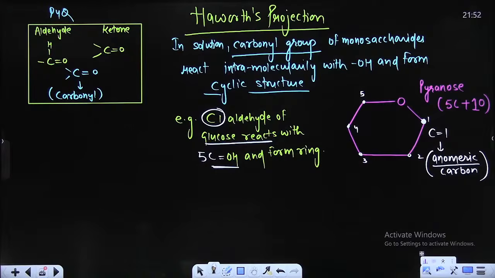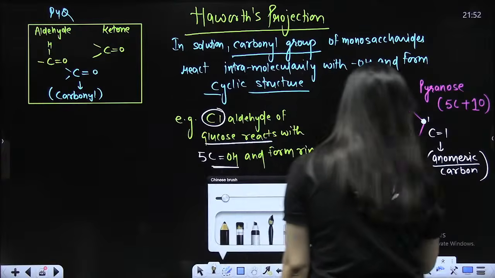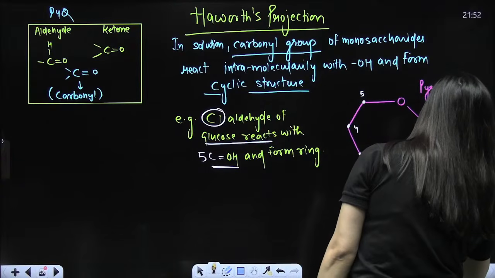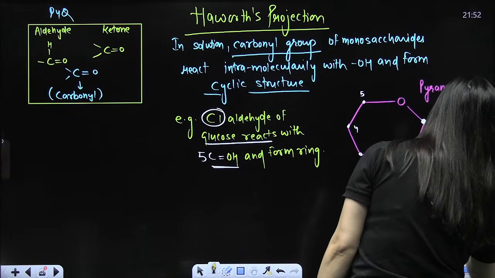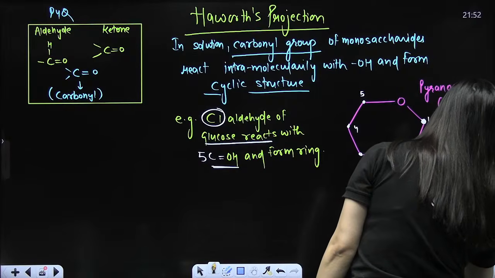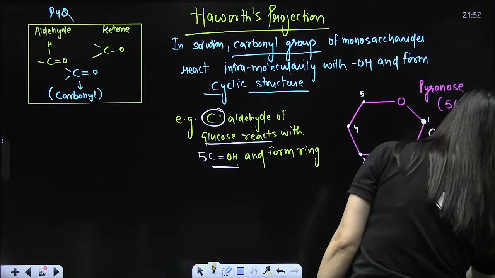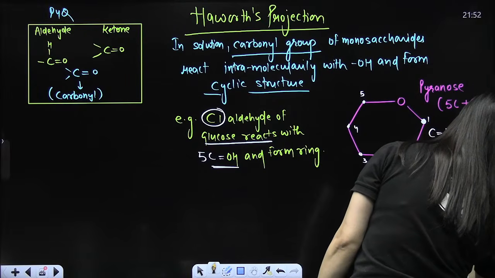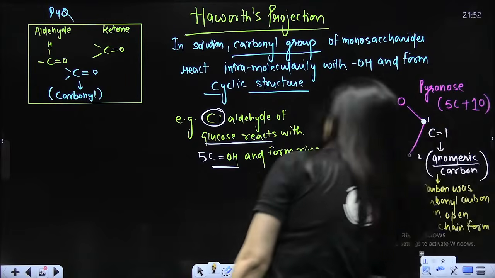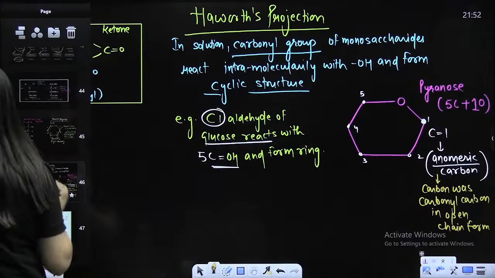The anomeric carbon is the carbon that was the carbonyl carbon in the open chain form. Here, this is the open chain form.